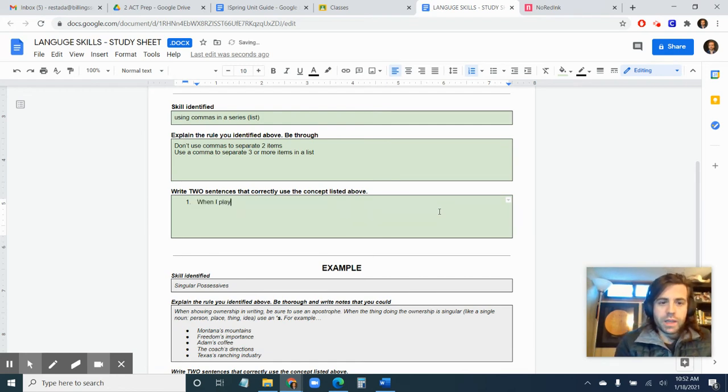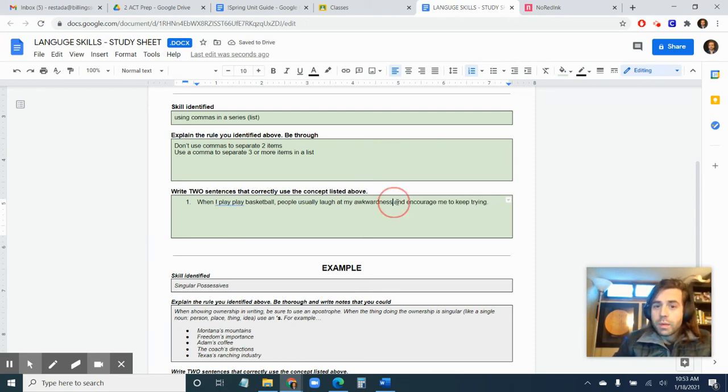And I play basketball, and I'm going to put a comma there because I know that's an introductory phrase. People usually laugh at my awkwardness and encourage me to keep trying.